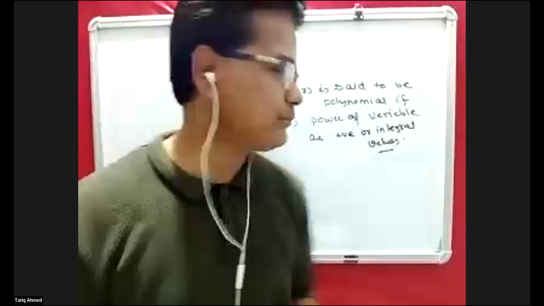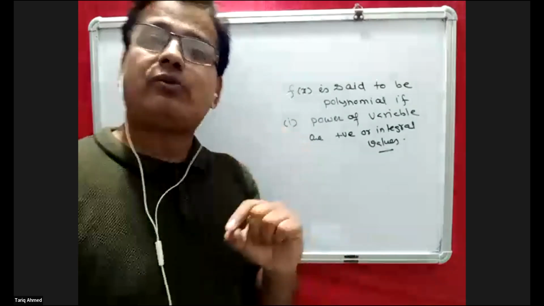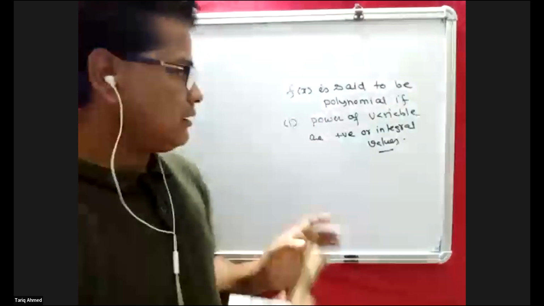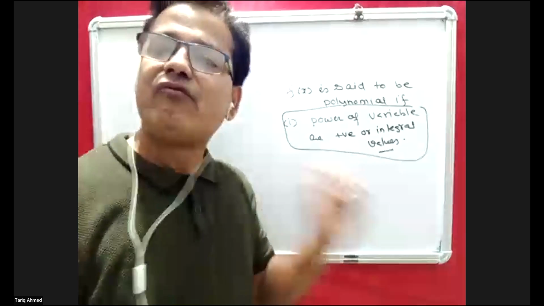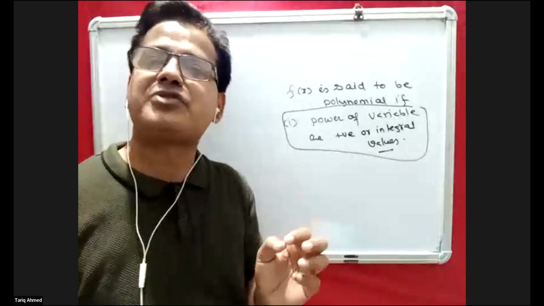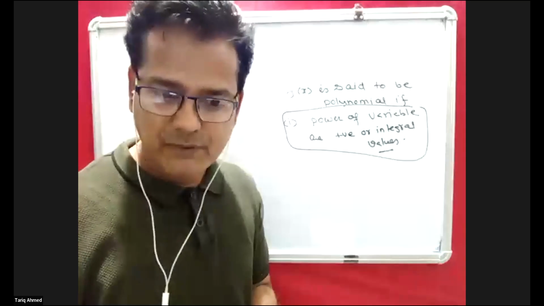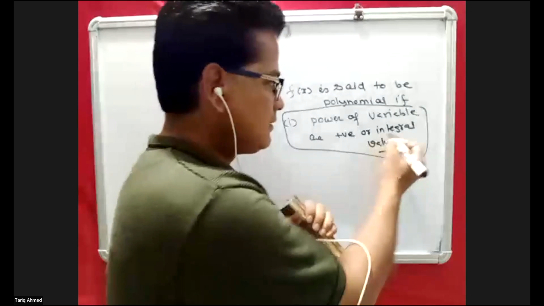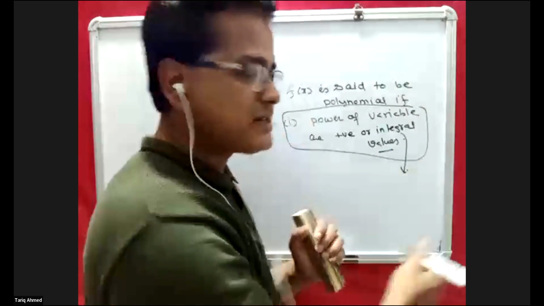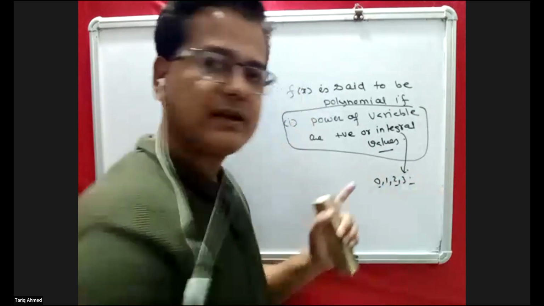I will explain better. So for an expression to be called a polynomial, there is some condition. The condition says that the power of the variable involved in that expression should always be positive or integral values. Now, what is the meaning of integral values? Means those numbers must be integers, like 0, 1, 2, 3, and so on.